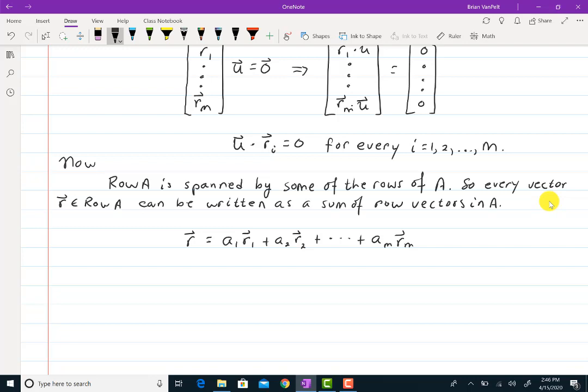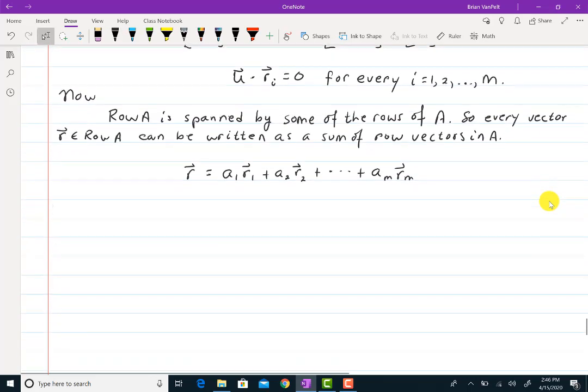So I don't necessarily need all the rows. Some of these Ai's could be 0, no big deal.